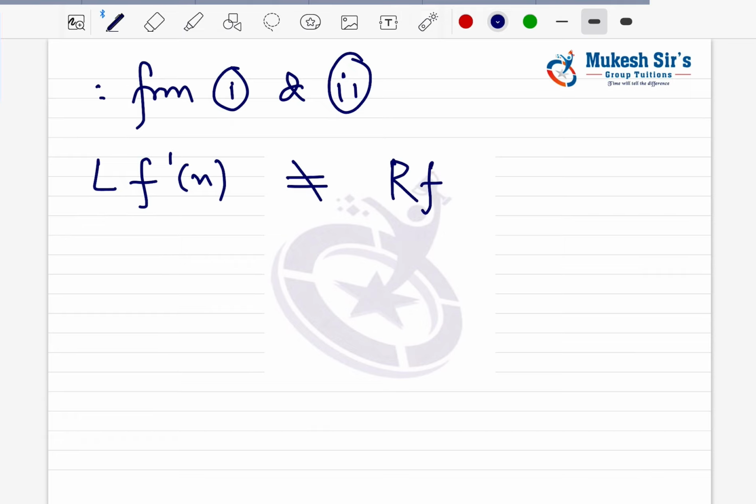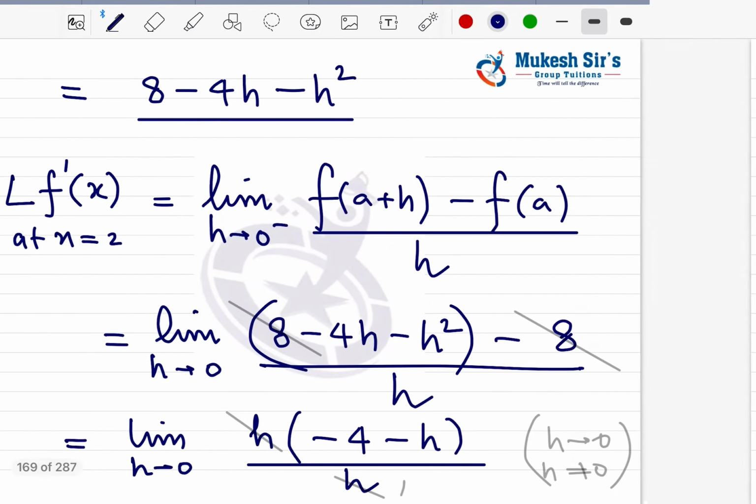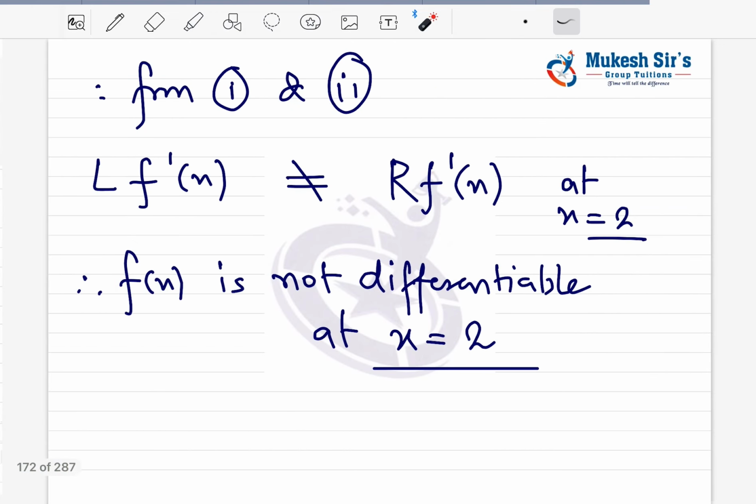So therefore f of x is not differentiable at x equal to 2. So in this question you find that the function was continuous. Check. We found the function continuous at x equal to 2, but it is not differentiable. The function is not differentiable at x equal to 2. Is that clear? So just go through all the definitions, see the video again.